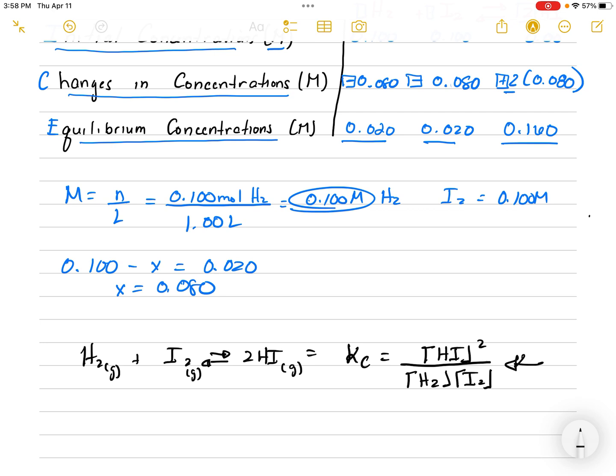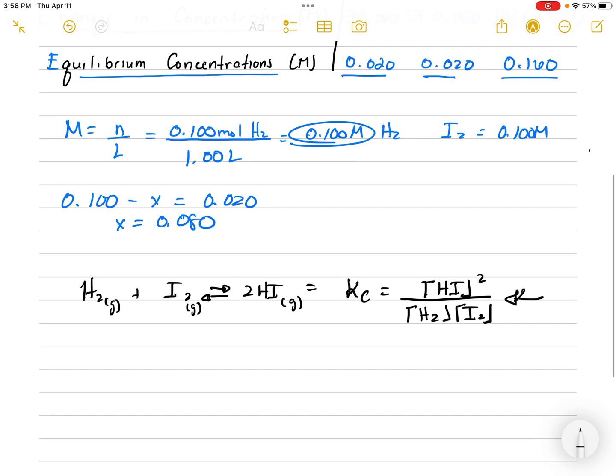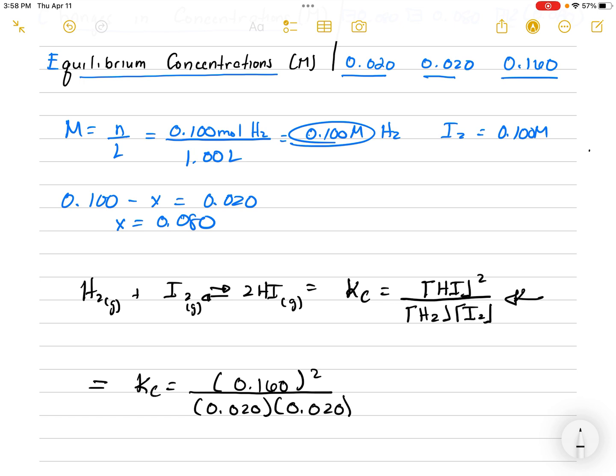Once we have our mass action equation set up, all we got to do is plug in our values. So the equilibrium constant here is going to equal 0.160 squared, divided by 0.020 times 0.020, which when all worked out gives us a value of 64.